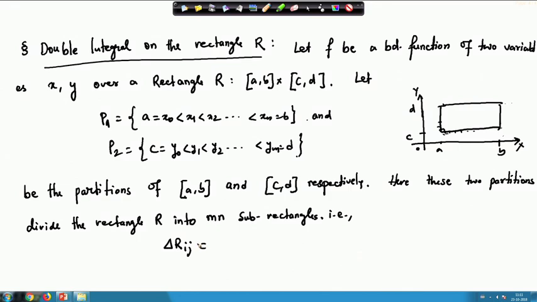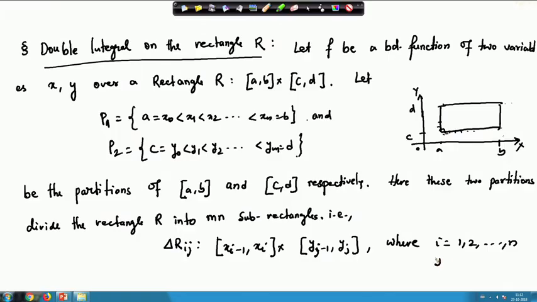So, this one will be given by (x_i minus x_{i-1}) times (y_j minus y_{j-1}), where i is running from 1 up to n and j is running from 1 up to m. All right. So, this is basically our ij-th rectangle in a way.